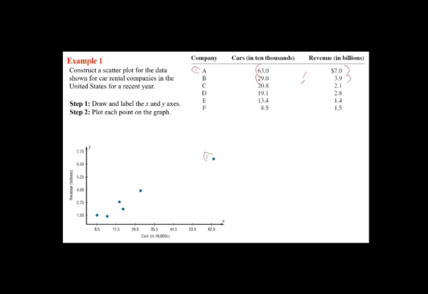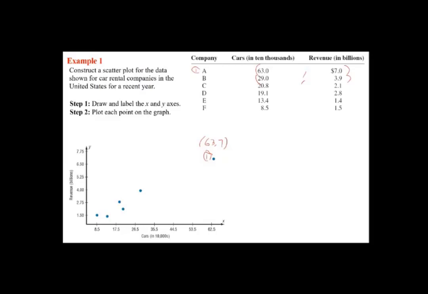You see that, everybody? First pair. Okay, 63, 7. So the x-axis, cars in 10,000s, the y-axis, the revenue in billions of dollars.